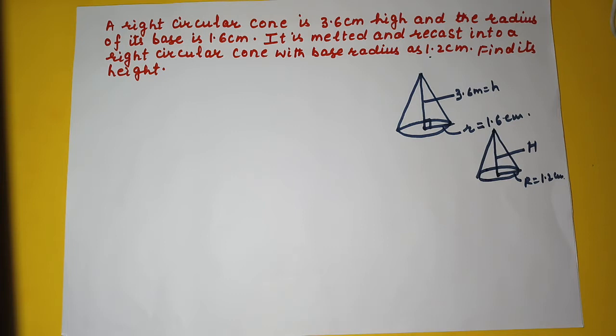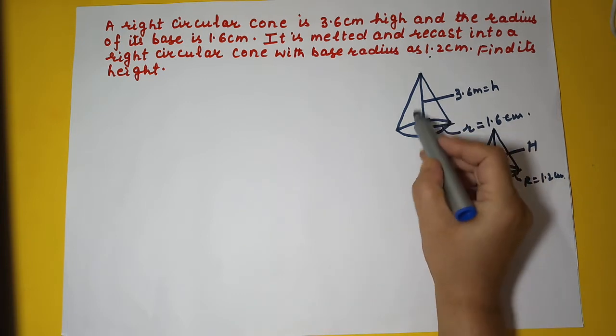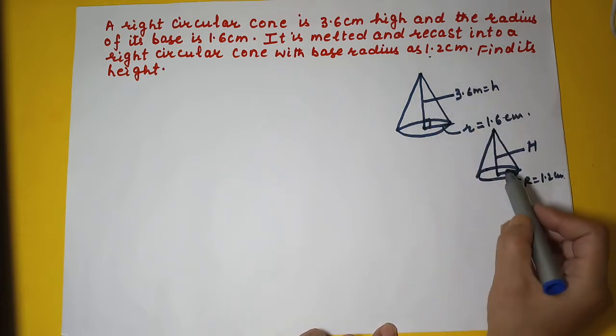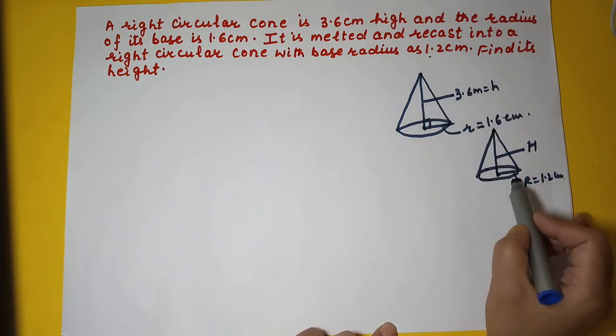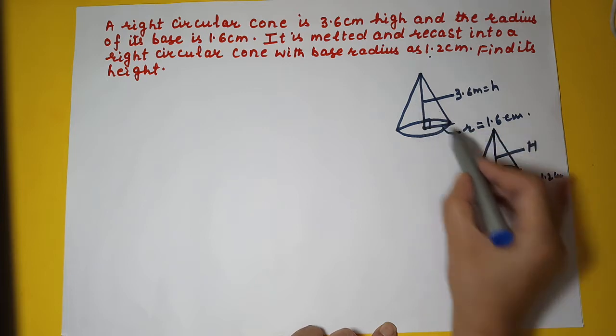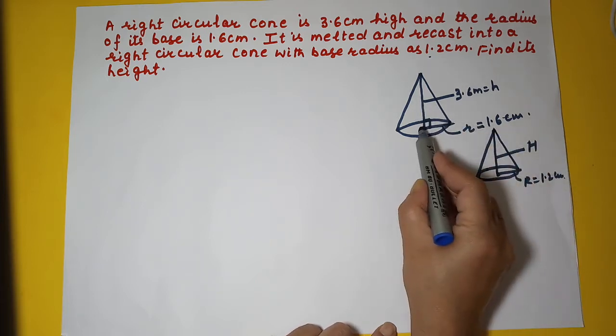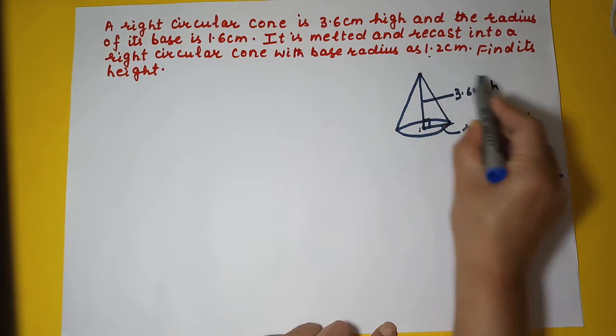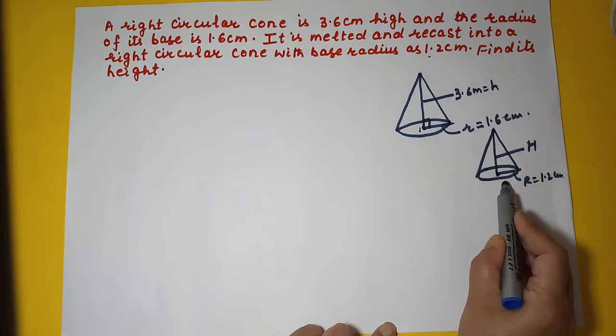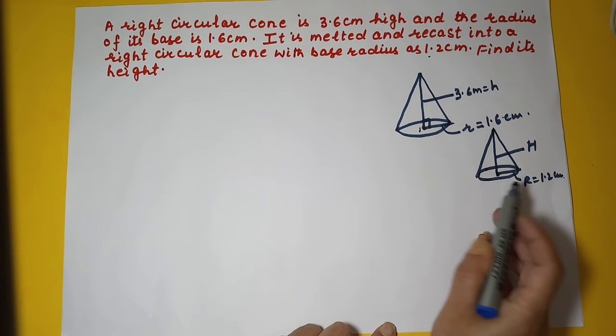Now understand the question logically. You have a cone, you are melting this cone into another cone. The dimensions are changing, but what is remaining the same between the two? Volume, right? The volume of this cone will be equal to the volume of the other cone, but the dimensions will vary.